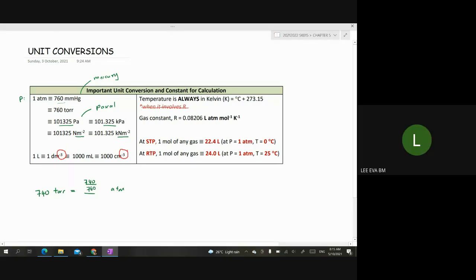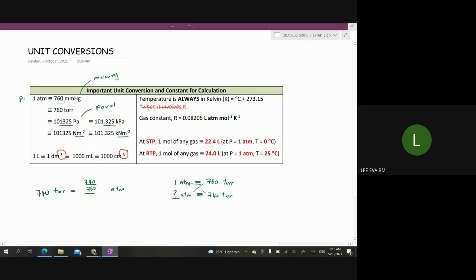Okay. So if let's say some of you couldn't figure out how, then we might use the longest way. Maybe this one is the longest way. Okay, 1 atm we know is equivalent to 760 torr. Okay, so now I have no idea what the value of my atm is, but I know the torr value is 740. So over here we can do a simple cross multiplication. Okay, so which represents like this.